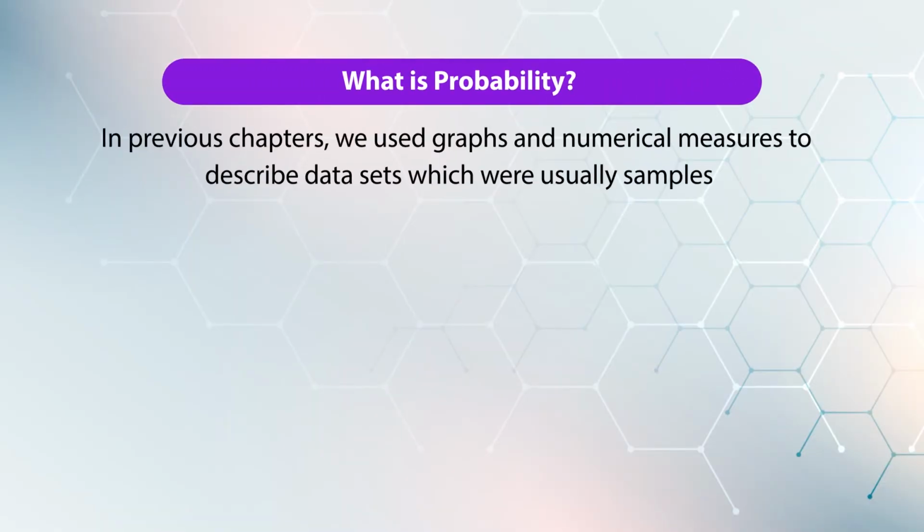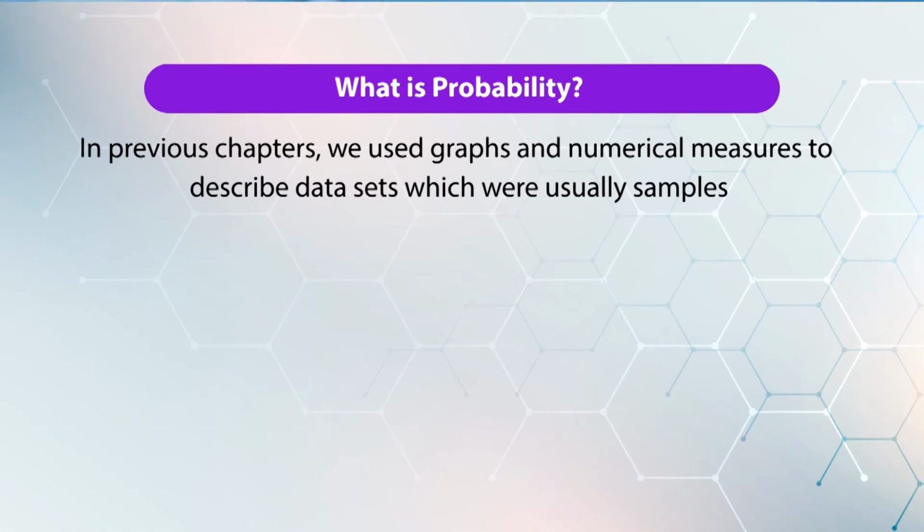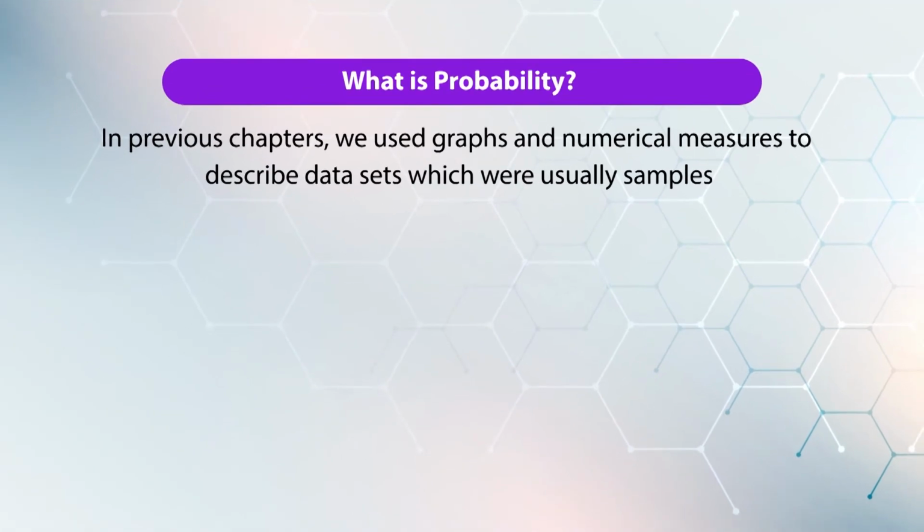In previous chapters we used graphs and numerical measures to describe data sets, which were usually samples. If you go into the depth of the lectures we have taken on sampling, it could be random sampling, convenient sampling, snowball sampling, or whatever.